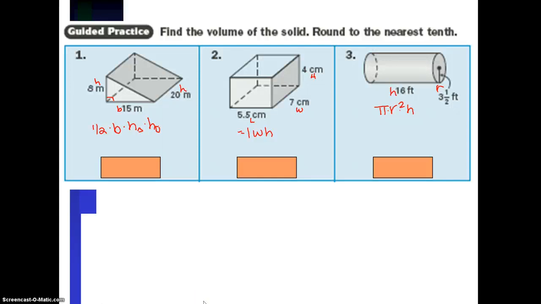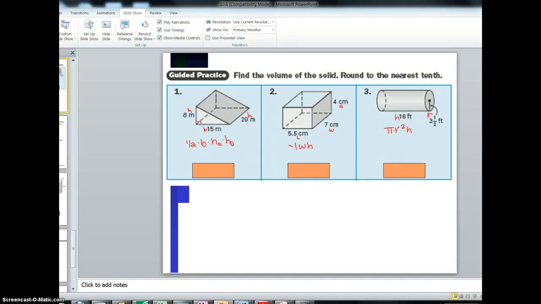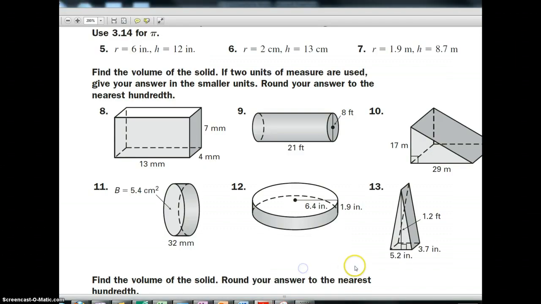We are going to skip the rest of the notes for this chapter, but I do want to show you that on your practice problems, there may be a problem like this, which says find the volume of the solid. If 2 units of measure are used, give your answer in the smaller units. You can see this is all millimeters, all feet, millimeters.